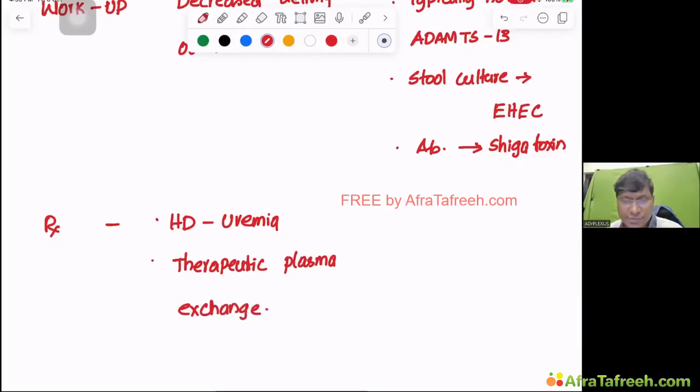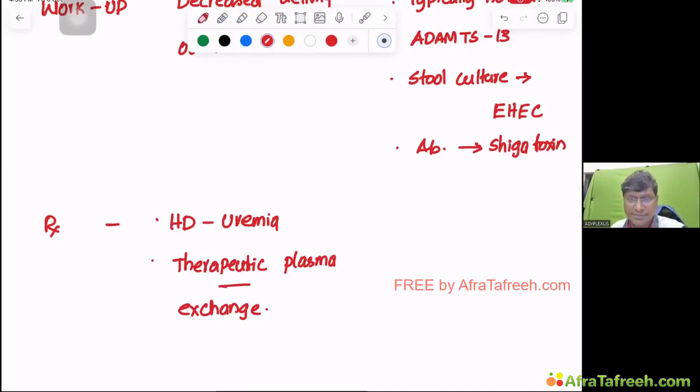Platelet transfusion is contraindicated unless TPE is underway. When you have the option of therapeutic plasma exchange, then platelet transfusion is contraindicated. Only if the TPE, that is your therapeutic plasma exchange, is not available, then you need to give the platelets. Okay.